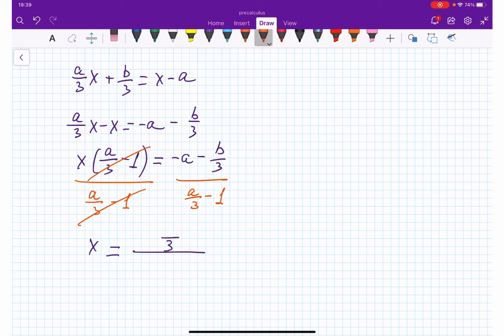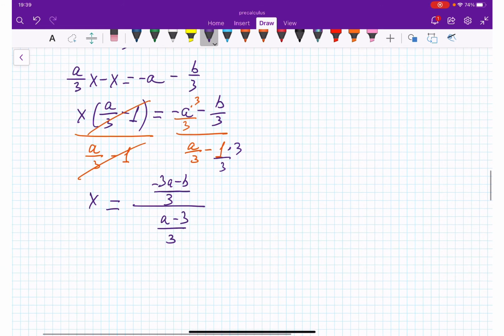Accordingly, here divide by 3, here multiply by 3. And the same thing here, divide by 3, multiply by 3, right? Common denominator is 3. And I'm getting negative 3a minus b. And here I'm getting a minus 3. And when I divide, I'm going to get negative 3a minus b over 3.